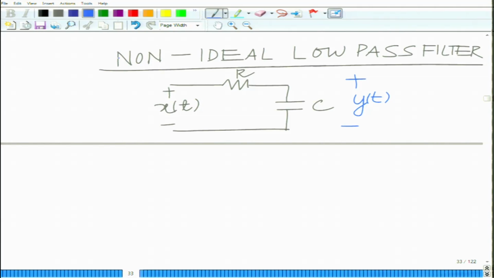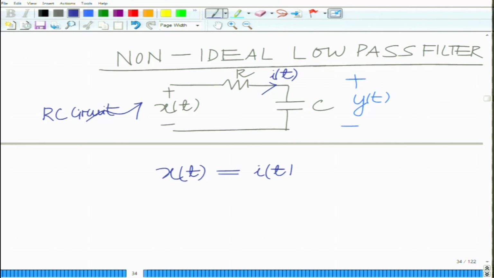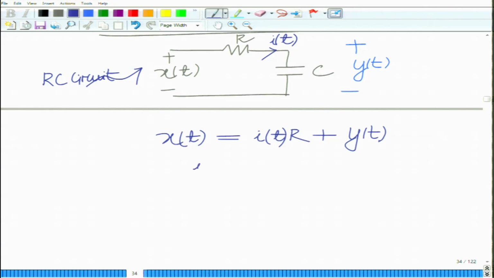This is a simple RC circuit, and if we denote this current by i(t), then x(t), the voltage, is the voltage drop across the resistance, which is i(t) times R, plus the voltage drop across the capacitance, which is y(t).